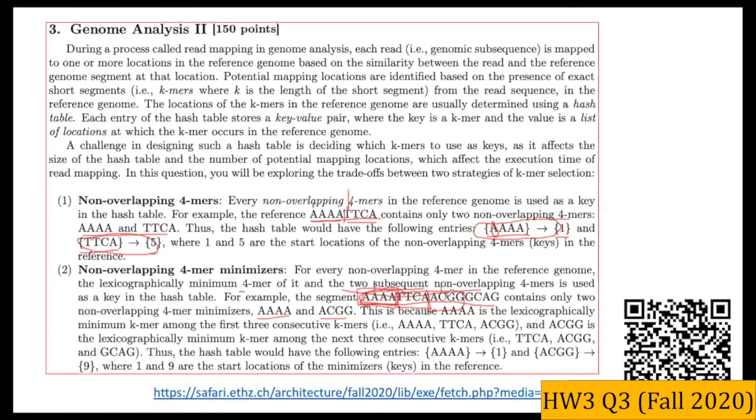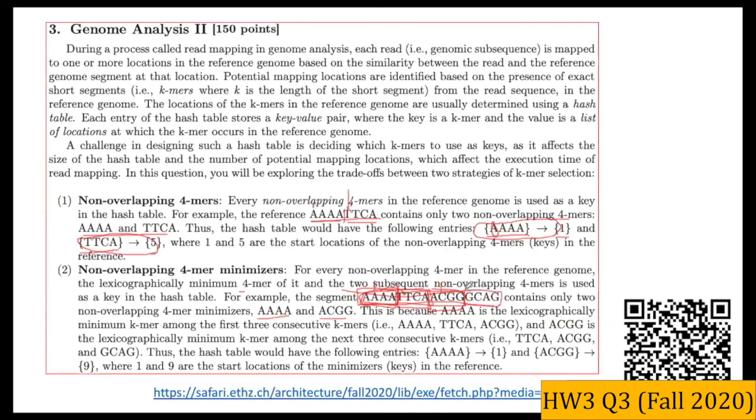We repeat the same thing, but now we extract the next 3 k-mers. The first one will be TTCA, the first k-mer in the next iteration. ACGG is the second k-mer, and GCAG is the third k-mer.